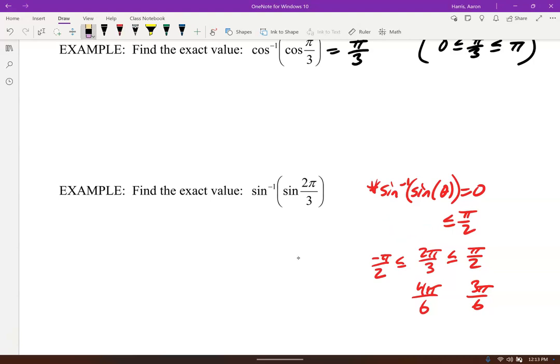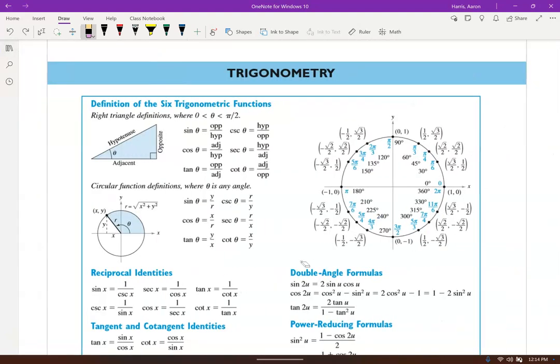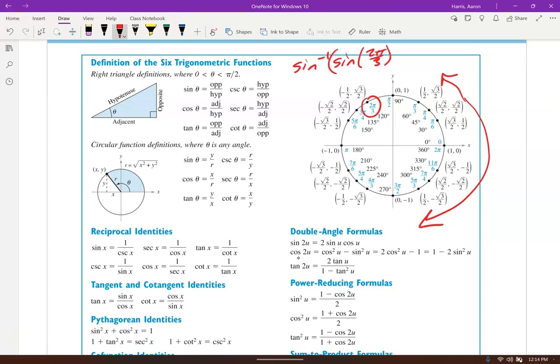So that's a problem. I'm looking at my unit circle here. Let me pull up the unit circle for reference. And I say, okay, here's 2 pi thirds. I needed this to be between negative pi halves and pi halves. And notice that the sine of 2 pi thirds, remember, I was doing the arc sine of the sine of 2 pi thirds.